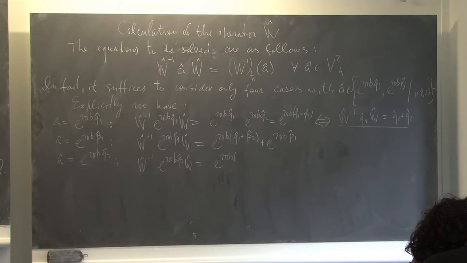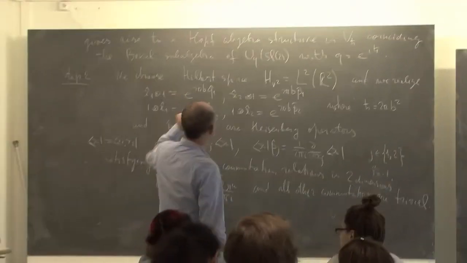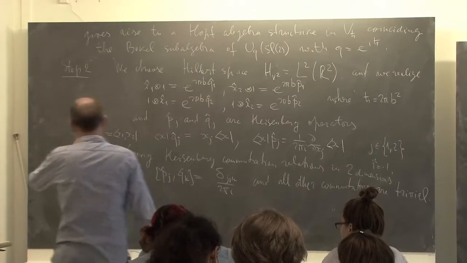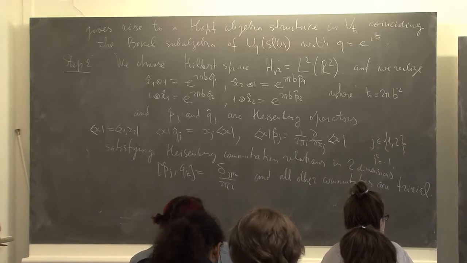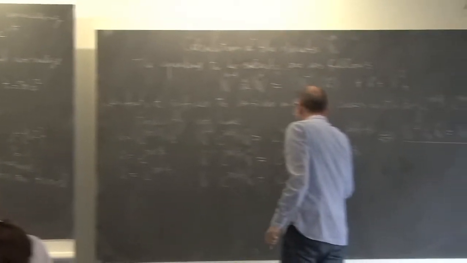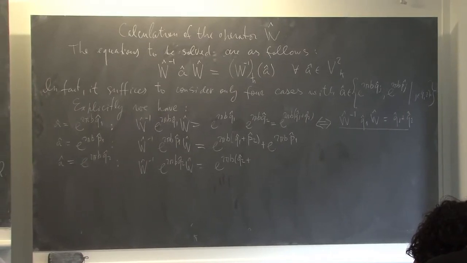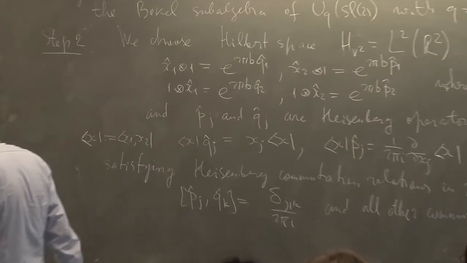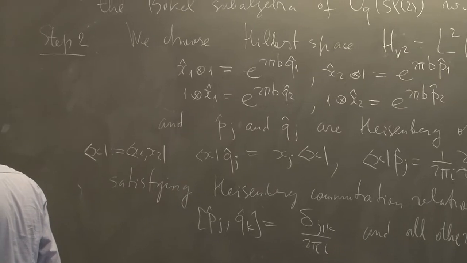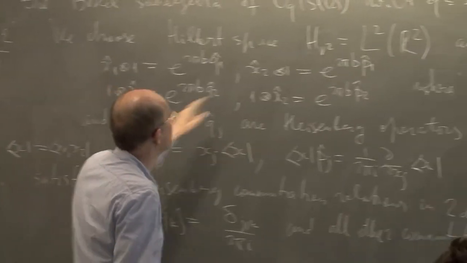So x2 becomes Q2 plus x1 in the second, and x2 in the first, P1.